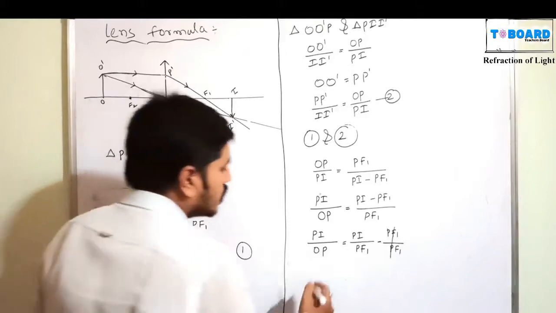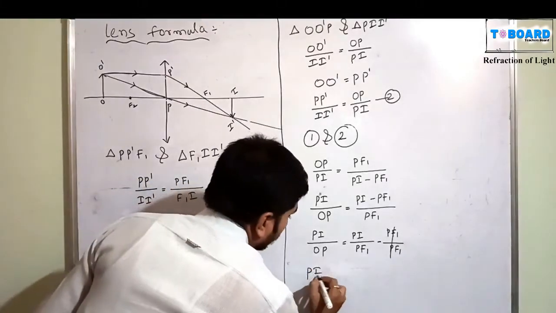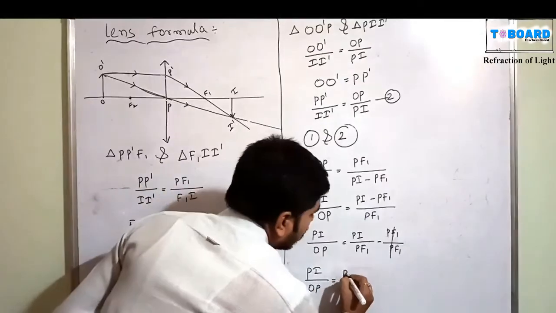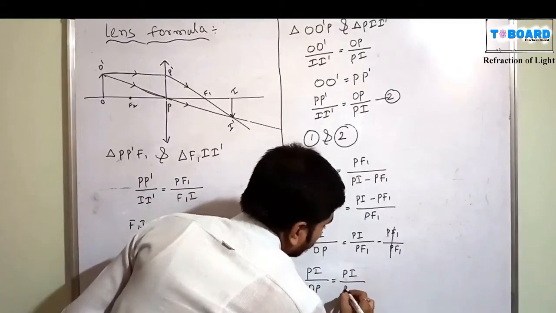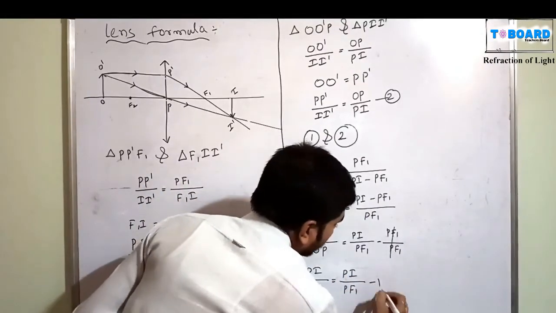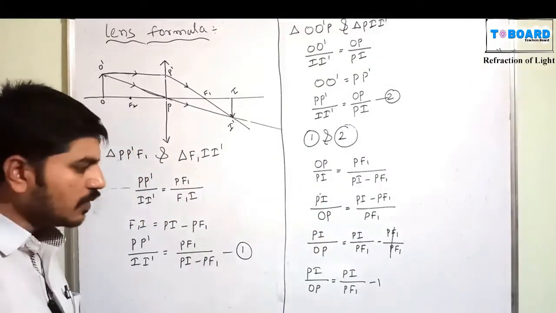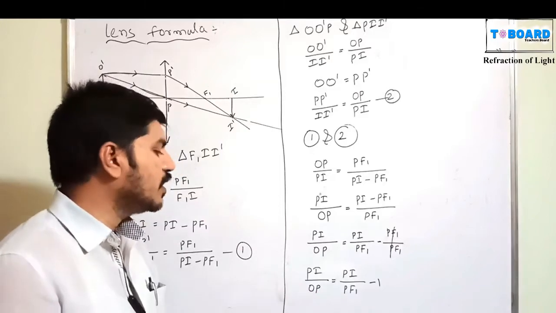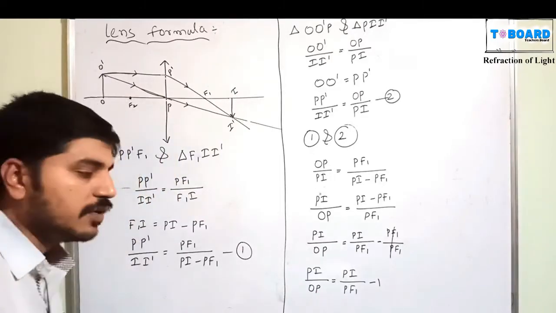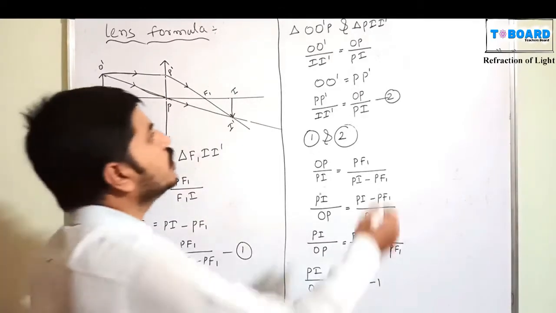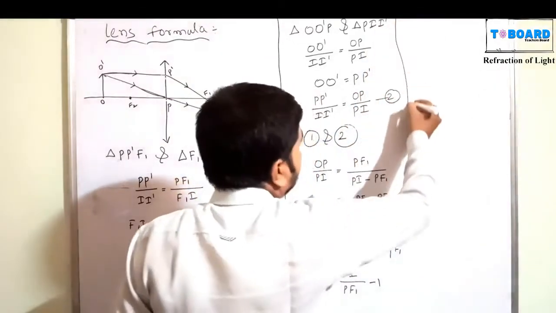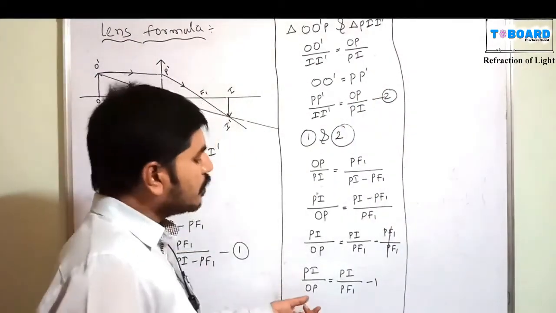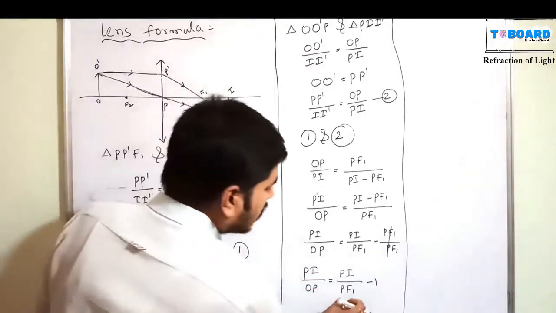Then PI by OP is equal to PI by P F1 minus 1. Now I am going to write the PI value, OP value and P F1 value. So PI by PO or OP is equal to PI by P F1 minus 1.